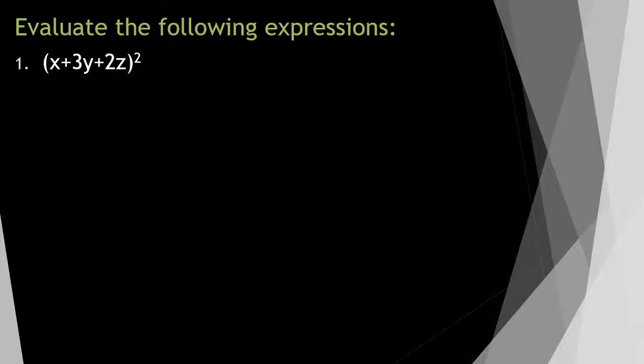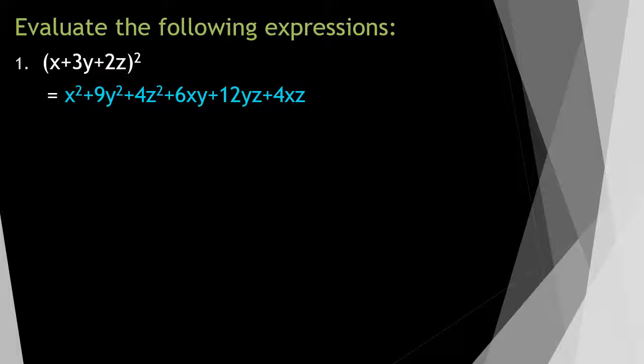Example number 1, we have quantity x plus 3y plus 2z, quantity squared. Applying the first formula of the square of a trinomial, we are going to derive the answer x squared plus 9y squared plus 4z squared plus 6xy plus 12yz plus 4xz.